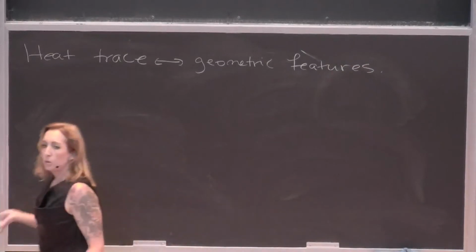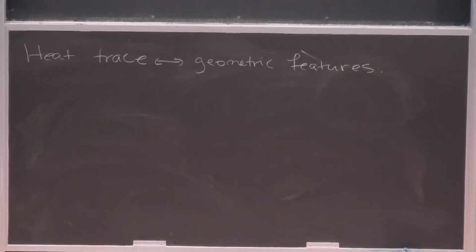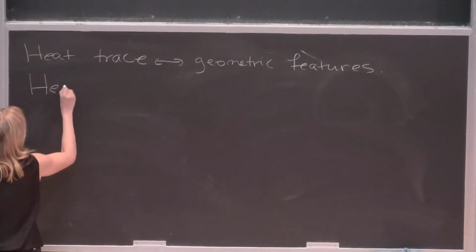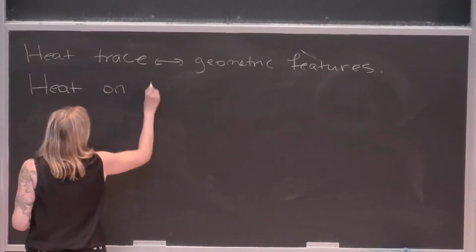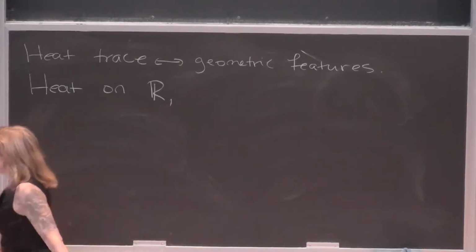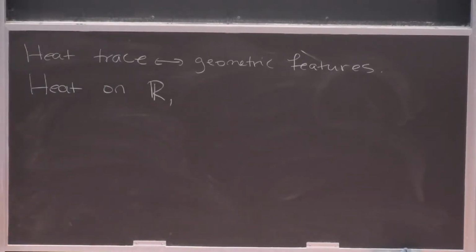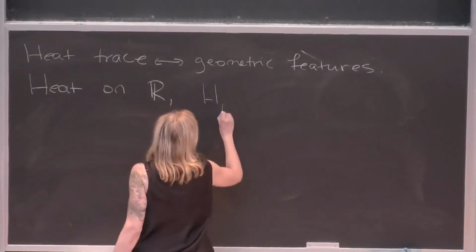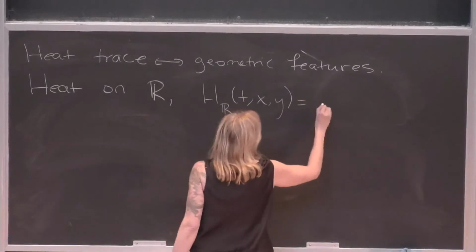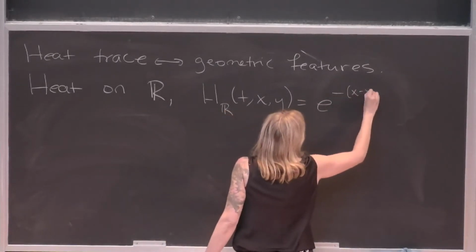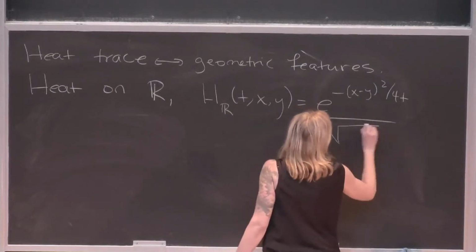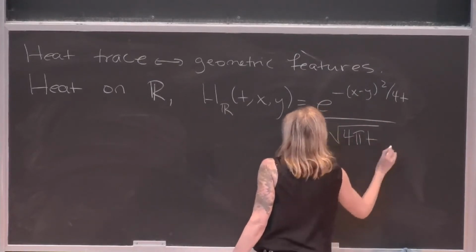So let me give you a little example. The heat kernel on the real line, so no boundary condition, just looks like this. So I'm going to write it H sub R. And it is this exact expression.